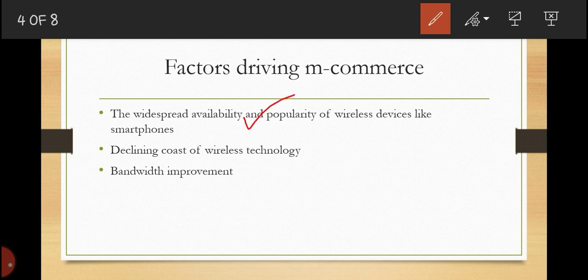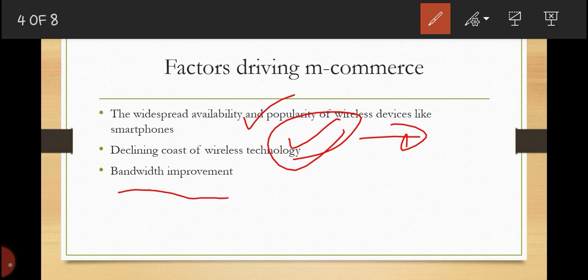Another driving factor is the declining cost of wireless technology, and the convenience of instant connectivity from any location. We have also bandwidth improvement that increases the speed of data transmission.